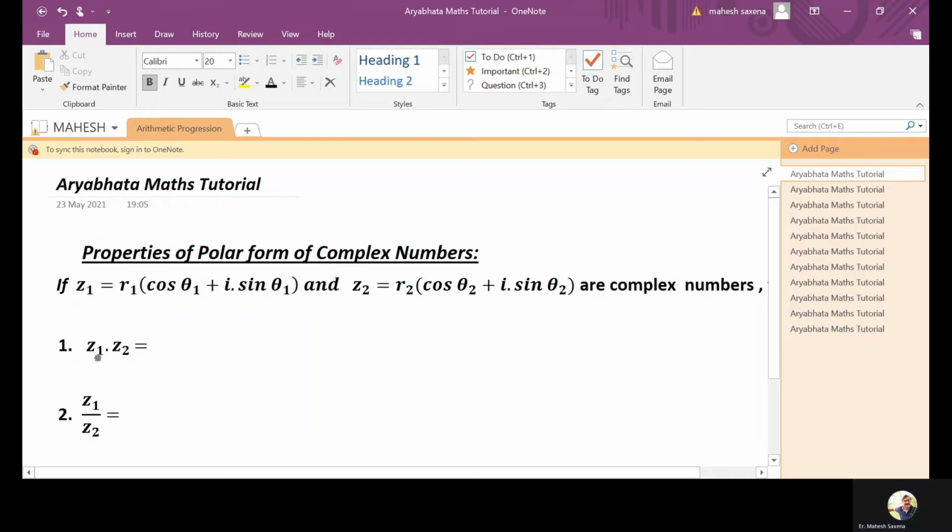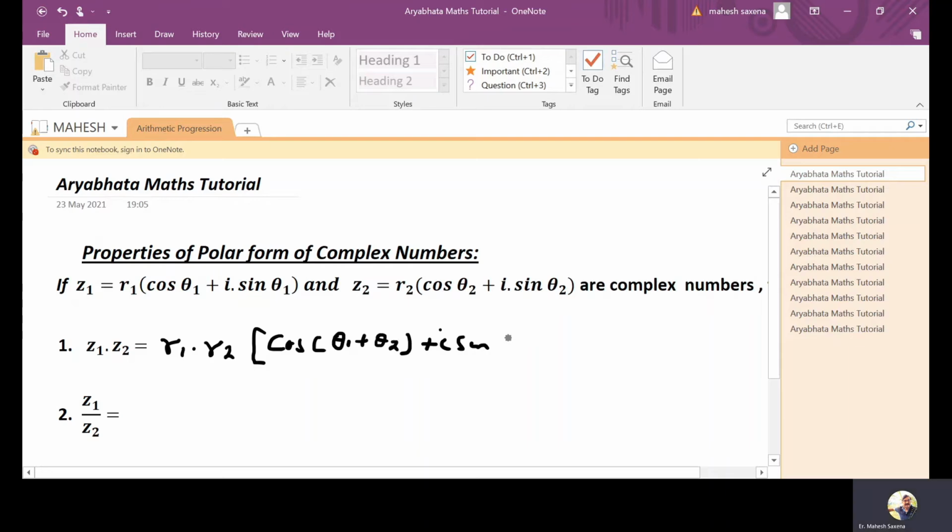Therefore, z1 into z2 will equal r1 into r2 times cos of theta 1 plus theta 2 plus i sin of theta 1 plus theta 2.